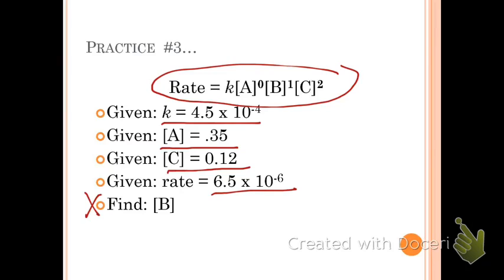Your job is to find B. We set that up the same way you set up to find K. This is what you want to solve for. Remove everything else from it. So go ahead and see if you can do that problem. Pause the video as necessary and press play when you're done to check to see if you got it correct.